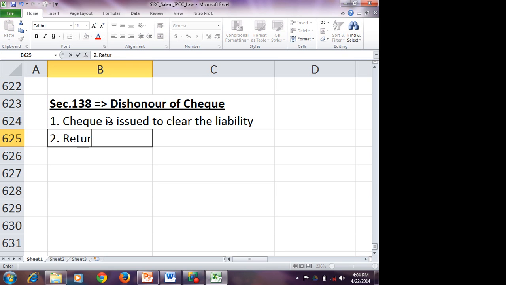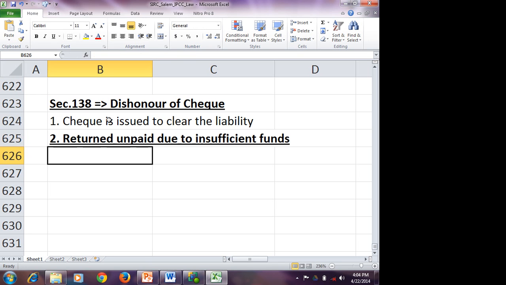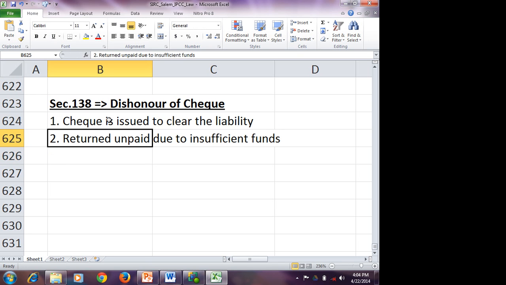And the second condition, returned unpaid due to what? Because there may be various reasons for dishonor of a check. That is also an important question. Go through that: what are the various reasons for dishonor of check? Returned unpaid due to insufficiency of funds.